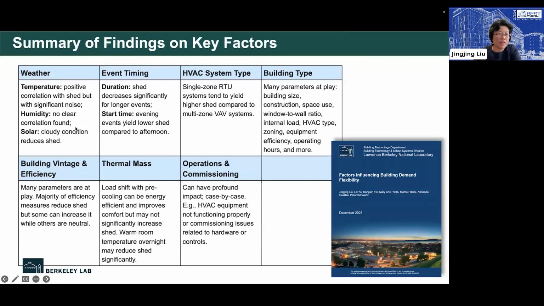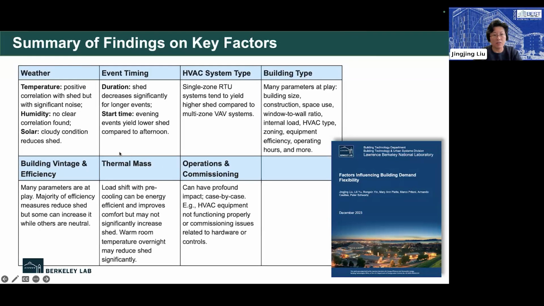So there are different parameters for weather, the event timing, what the HVAC system type looks like for a given building, the building type. There's many different factors under that category. And what is the vintage of that building? And that often has a lot to do with the overall energy efficiency of the building.